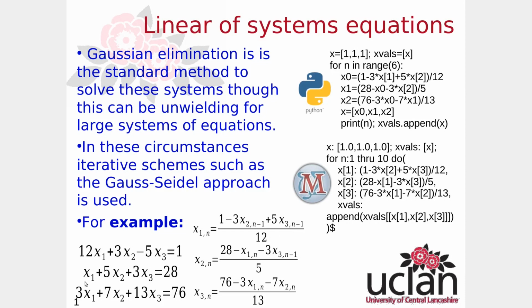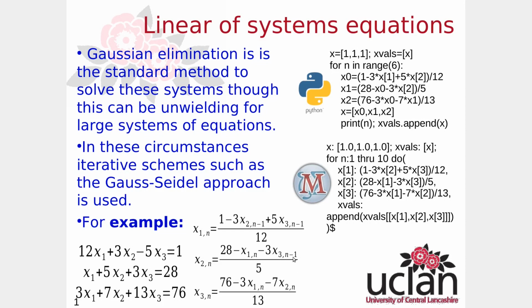Then we solve the next equation for x2. Now, because we have an approximation for x1, we'll use this in this approximation. So here, this is 28 minus x1, which we already have an approximation for above, and then we take the minus 3x3 and of course divide by 5, and this would give us the approximation for x2.